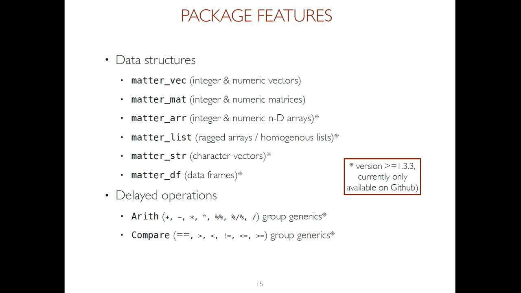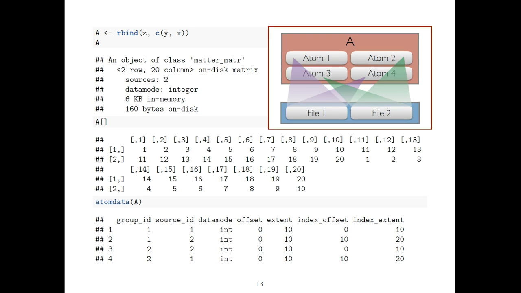With Matter, I implemented delayed operations so that all of that is delayed until you actually access the data. So if I had this matrix A and I wanted to add it to itself, that wouldn't actually change any data on disk, and it wouldn't create any new data beyond the simple metadata, so that whenever I access the result, it'll add those values together on the fly.